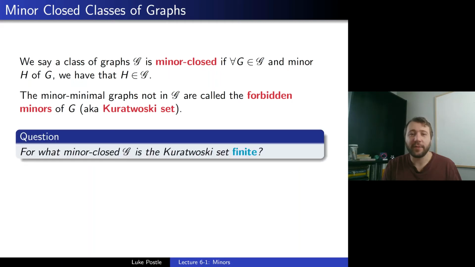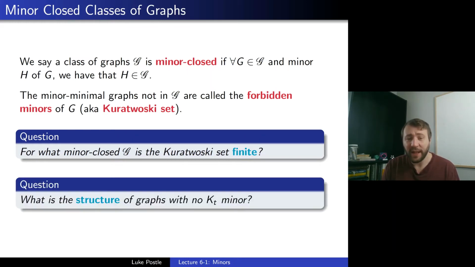All right, so what are some fundamental questions? Here are two. For what minor closed graph classes G is the Kuratowski set finite? And a different kind of question: what is the structure of graphs with no K_t minor? Kuratowski had this nice theorem, and it's nice that there are only two of them, so you can get a nice characterization.